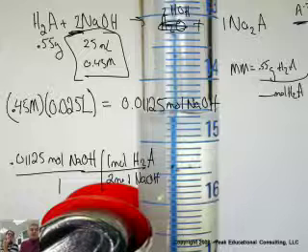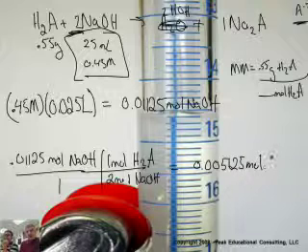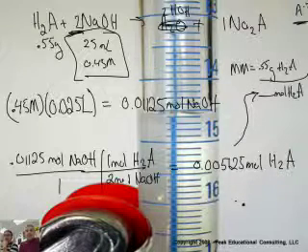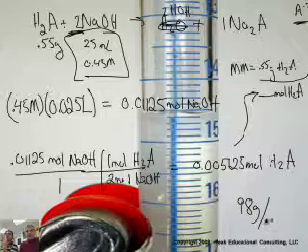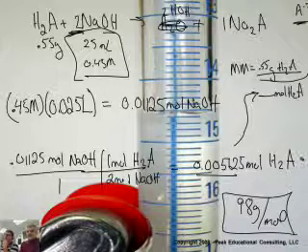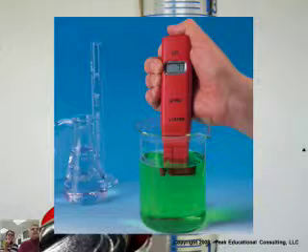So divide by 2 and you get 0.005625 moles of H2A. Of course, that number then gets plugged in here, and we get a grand number of 98 grams per mole. I got that by taking 0.55 divided by 0.005625, and I got 98 grams in a mole. And that would be the molar mass of the diprotic acid.